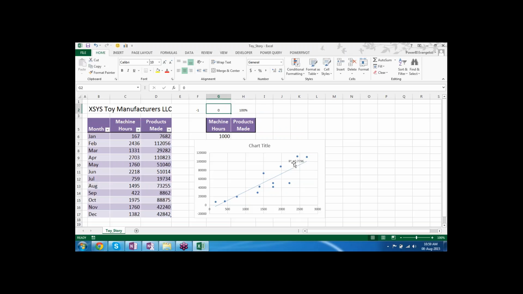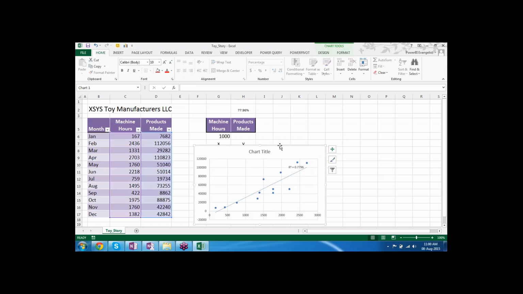So this particular number 0.7796 can be converted to a percentage, and that will be 77.96%. So we say that these dots are 77.96% correlated.